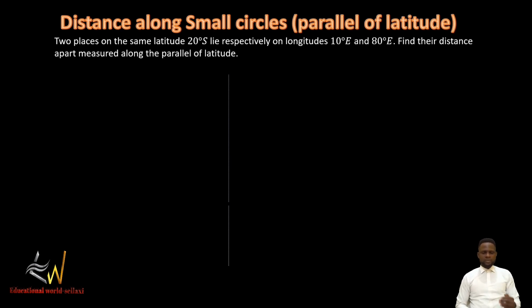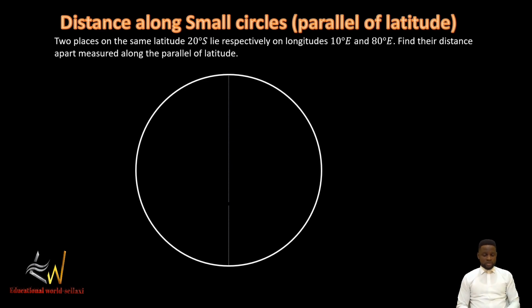Two places on the same latitude, 20 degrees south, lie respectively on longitudes 10 degrees east and 80 degrees east. Find their distance apart measured along the parallel of latitude. So that is the equator.